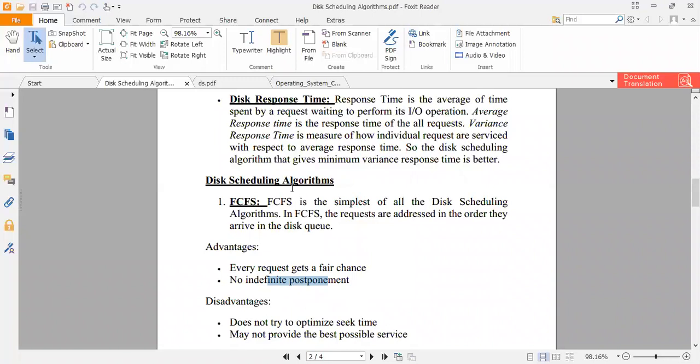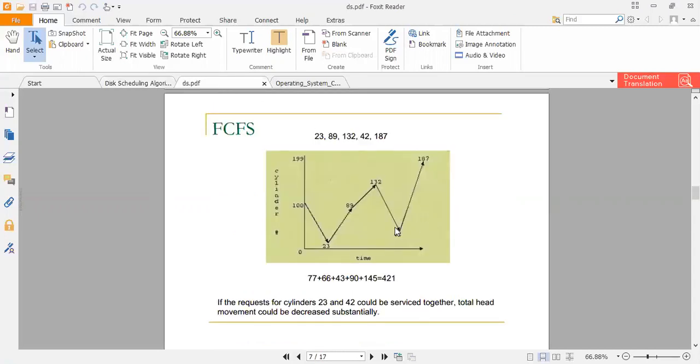Let's discuss one example for that. Suppose we have the pending requests 23, 89, 132, 42, and 187. And before starting this example, I will give you some idea about this question.